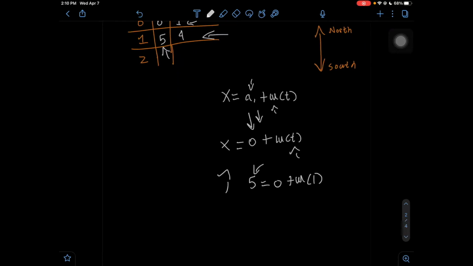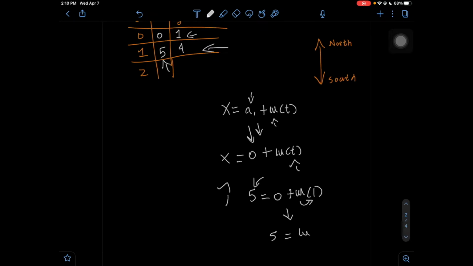Now we just need to isolate w. w times 1 is w, plus 0, it doesn't really matter, 5 equals w. So now we know our equation. We're going to substitute this back into the equation where we didn't know w originally. So now we know x equals 0 plus 5t. That is our x equation.